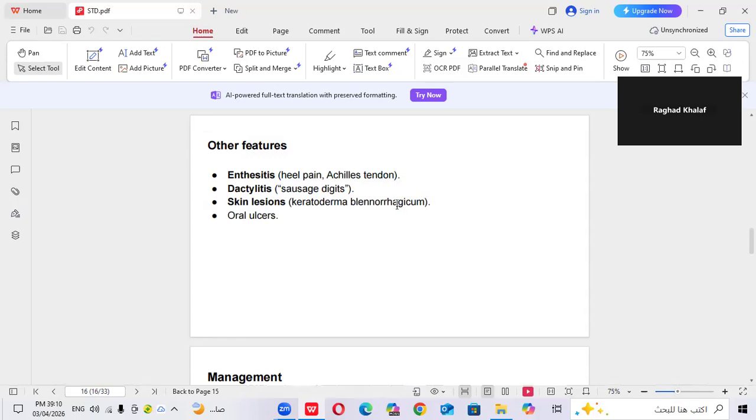Sorry, I can't really pronounce this, no matter how hard I try. So it's some sort of skin lesion. You can search this on the internet to be more familiar with the view of it. And it can also be manifested as oral ulcers. So you have to remember those, because in some questions he's going to describe those symptoms, and you have to guess what type of arthritis the patient has.